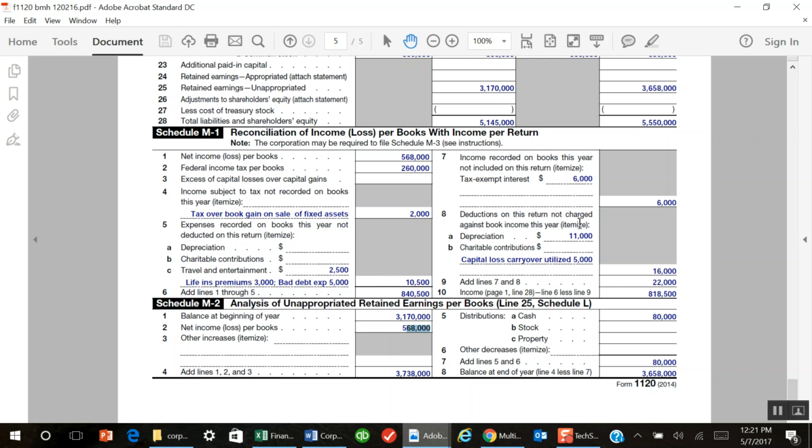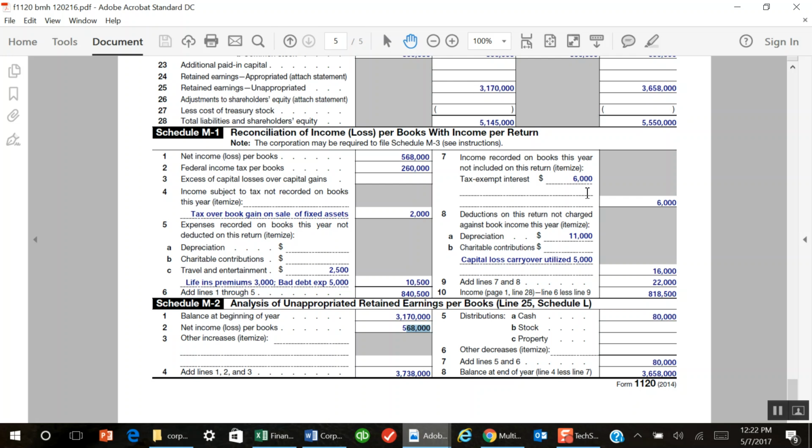Moving over to the right side of the schedule. By the way, everything on the left side of the schedule is supposed to be an add back, an increase to taxable income. Everything on the right side of the schedule is supposed to decrease taxable income. One decrease to taxable income is your $6,000 of tax-exempt interest income.